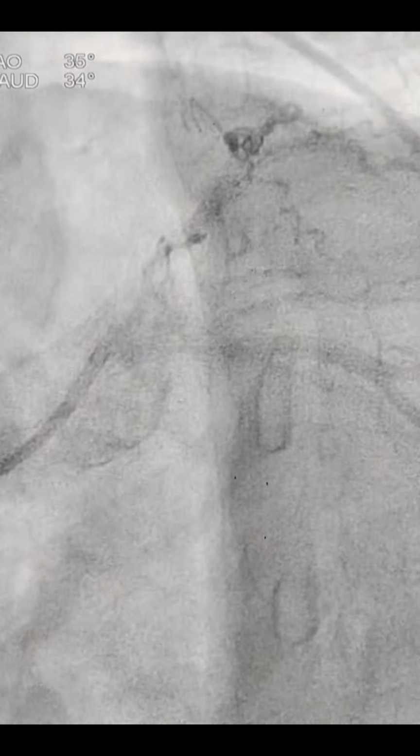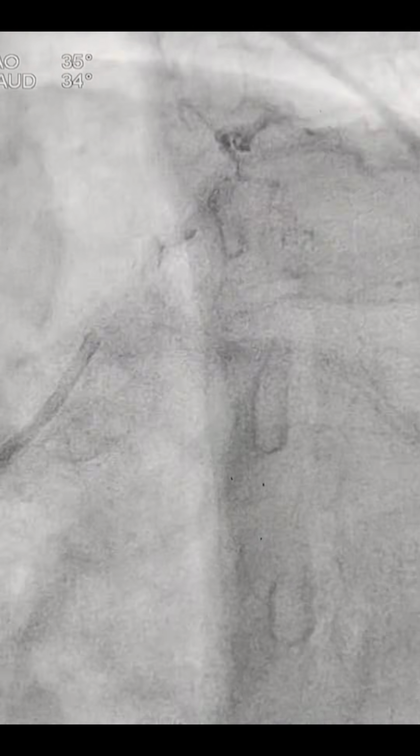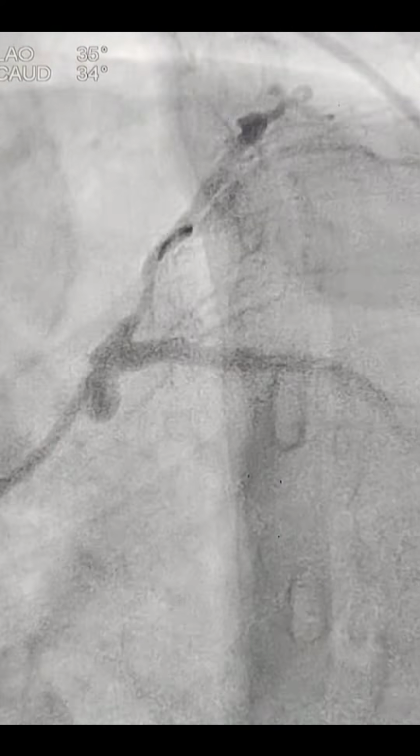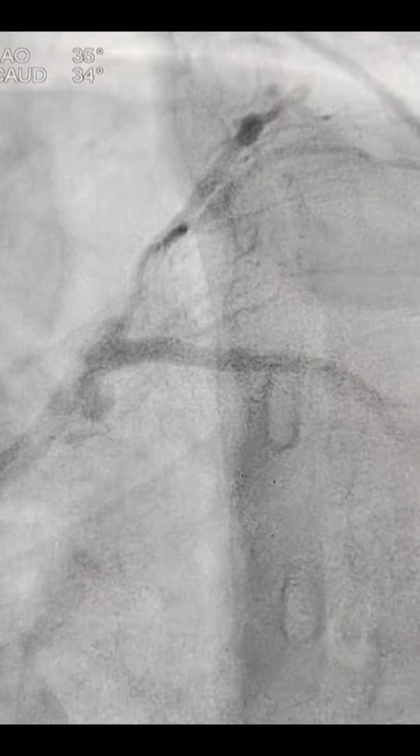So this patient was admitted under the Yojana scheme, so we don't have any imaging in this patient. So we are not going to do a crossover technique LM to LAD. We are going to do the nail the ostium technique for this ostial LAD because we don't have imaging in this patient.